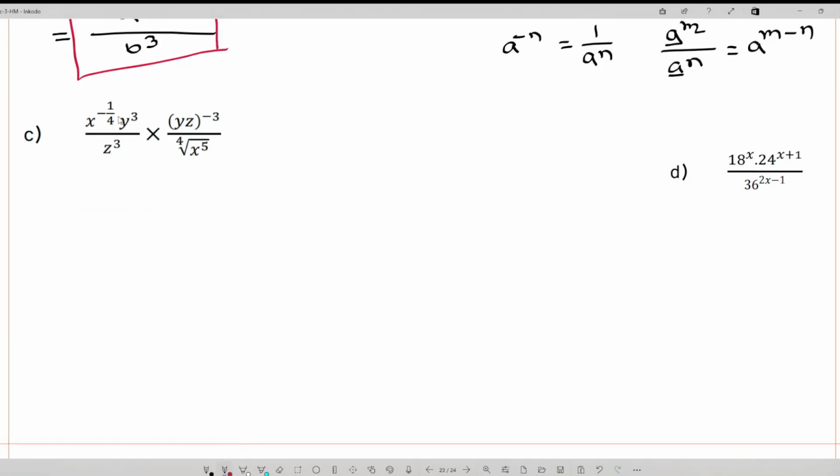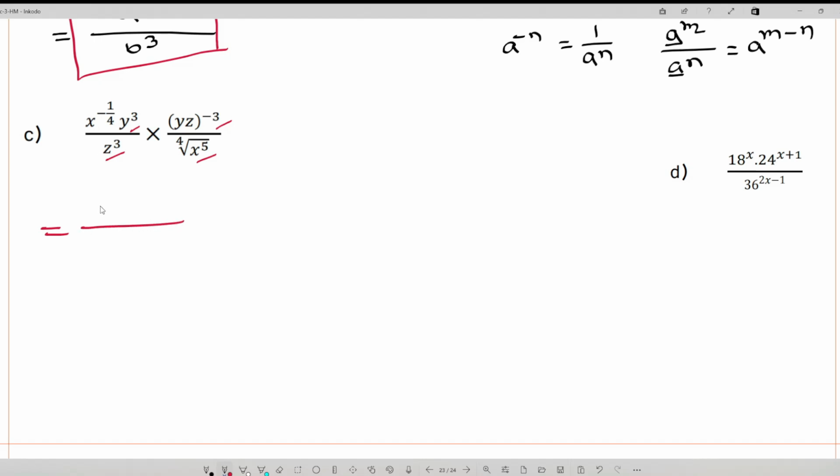C. First fraction, x to the power minus 1 by 4 y to the power 3 divided by z cubed times yz to the power minus 3 times the fourth root of x to the power 5. Now we will simplify these indices.